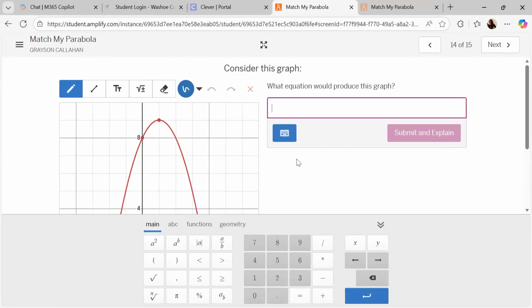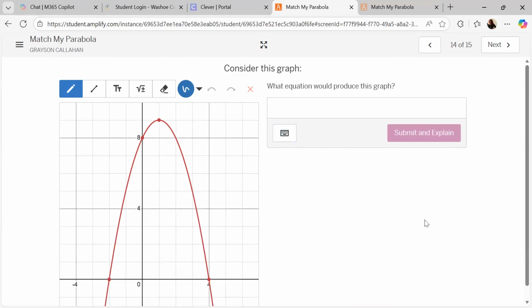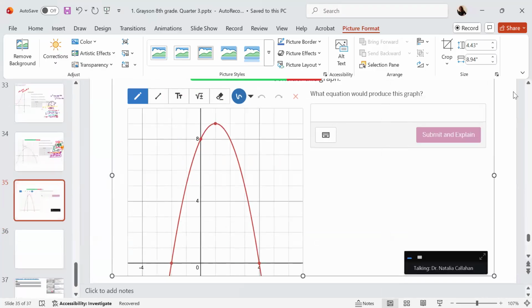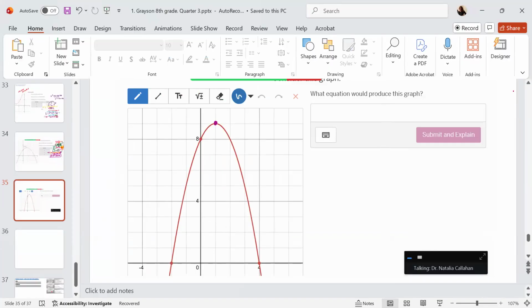What equation would produce this graph? So what do you think we need to do? What's the vertex right here?